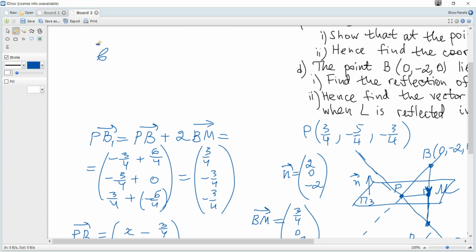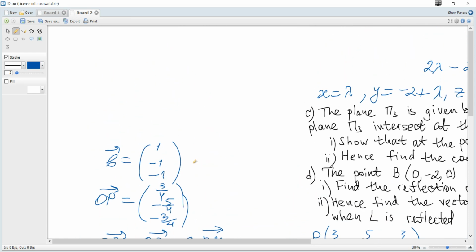We can multiply by 4 and divide by 3, so the direction vector may be (1, -1, -1), and the position vector of P is (3/4, -5/4, -3/4).